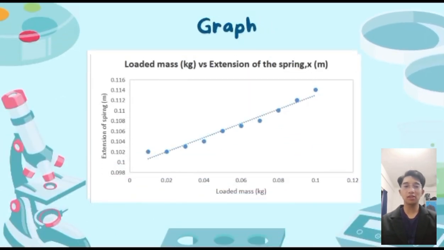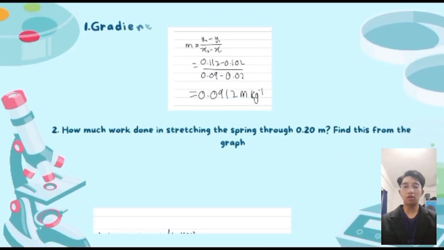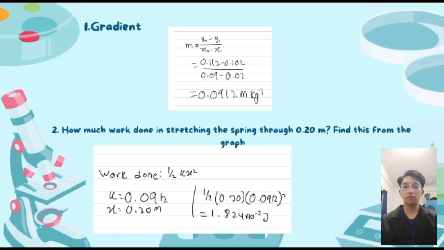That shows us the graph between loaded mass in kilograms versus tension in the spring. And how to find the gradient is y over x, or loaded mass in kilograms over extension of the spring. And the gradient that we get is 0.0912 Newton.